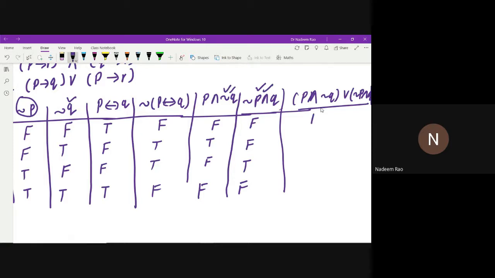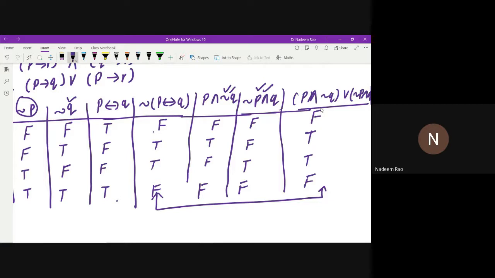So it is false, then true, then true, and false. So we see that these two are logically equivalent. The negation of P conditional Q is logically equivalent to P and negation of Q, or negation of P and Q.